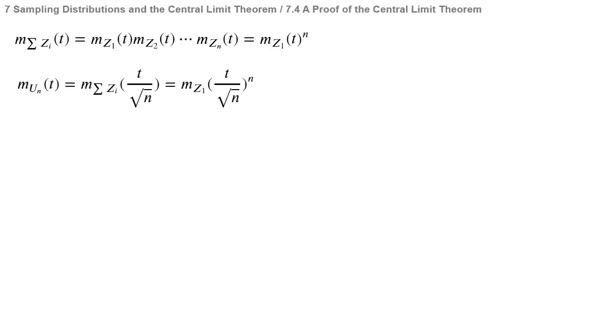From the previous equation, Un is the sum of Zi's divided by square root of n.